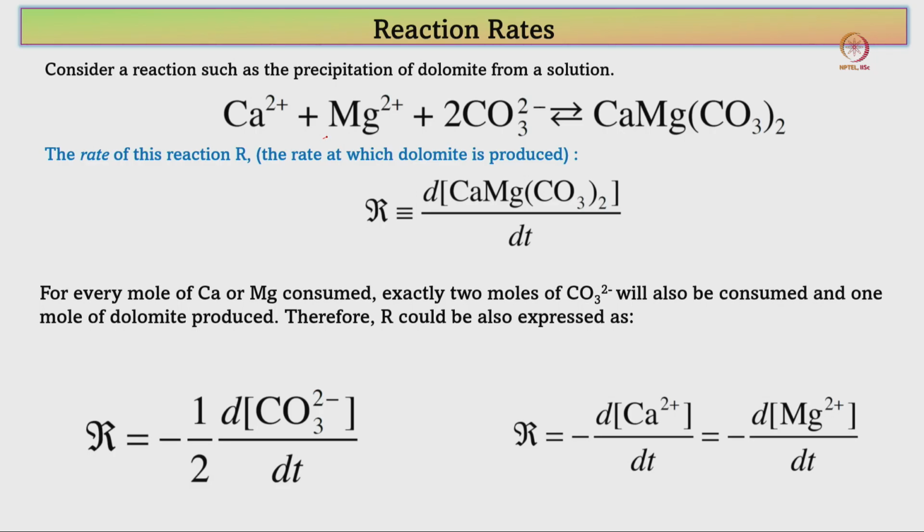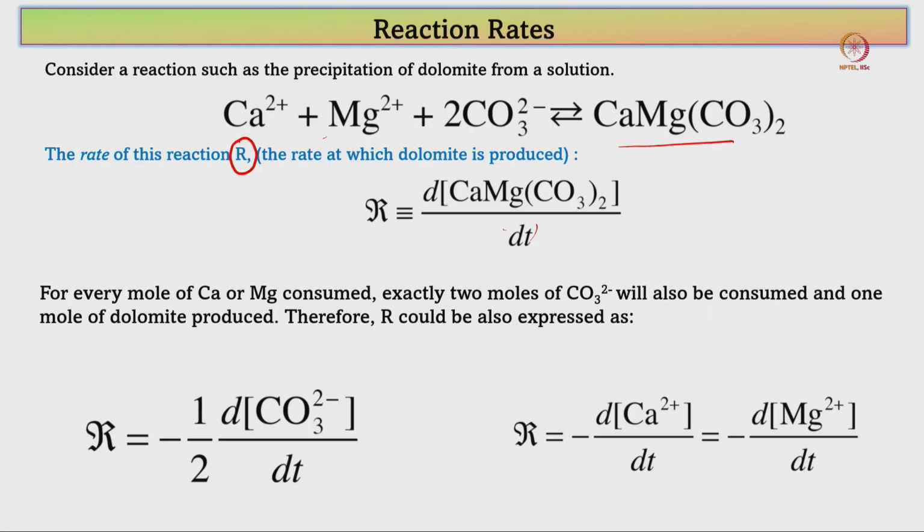And how is this rate written? The rate of the reaction, denoted by R, is written as R is equal to d[CaMg(CO3)2], that is the dolomite, divided by dt. So, how much dolomite is being produced in this dt time, that is the rate.